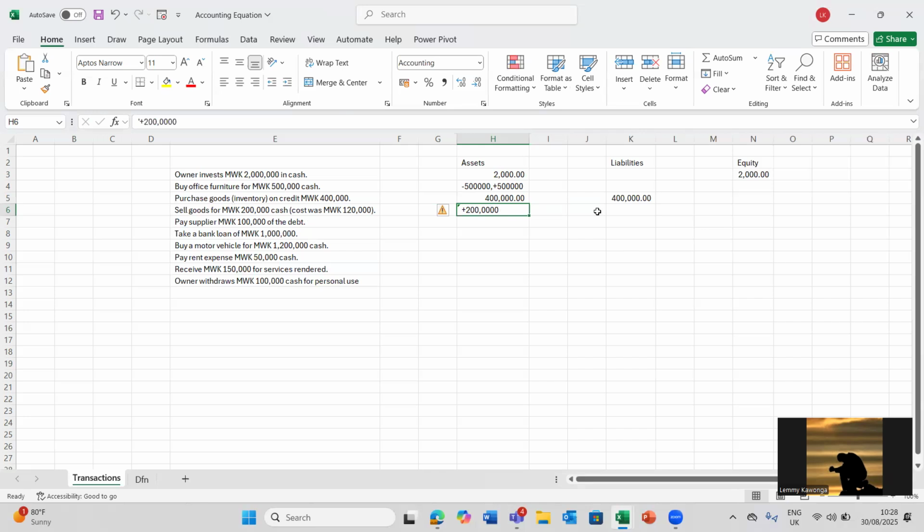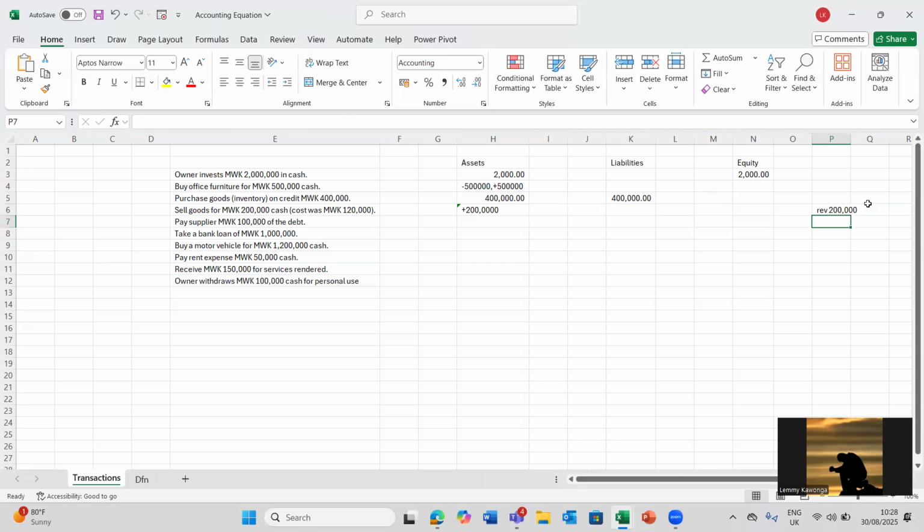What will happen to the other part, to the credit side? The credit side will go to this account we call revenue, which is not part of this equation. Revenue 200,000. But they're saying they sold goods which cost 120,000.